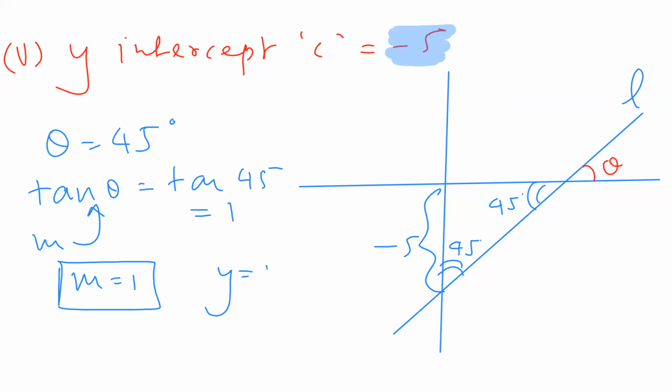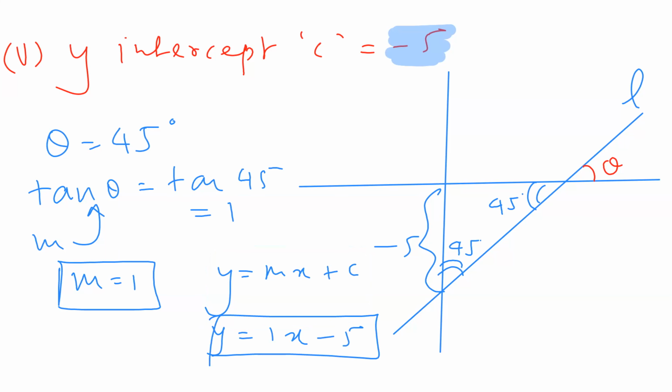So y is equal to mx plus c is the required equation. In this equation, we'll put the value of m as 1, so 1x minus 5. You can simplify this further and get the equation of the line. So the first case is this.